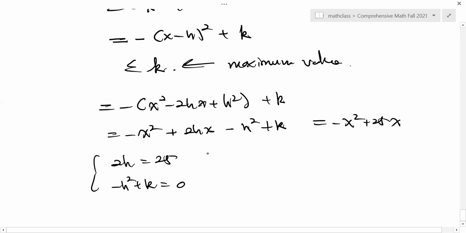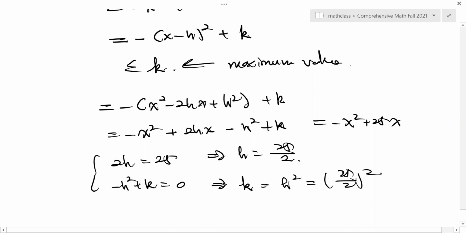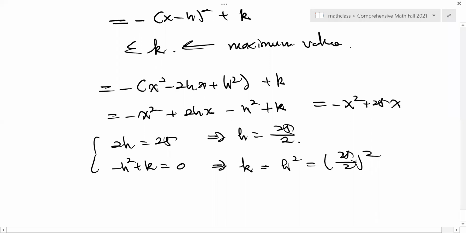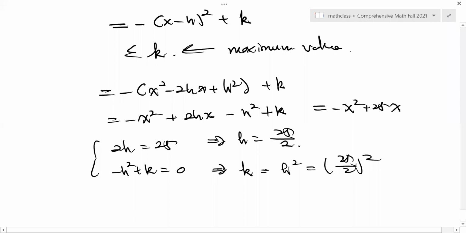So from here, I get h is going to be half of 25. And from here, I get k equals h squared, which is (25 over 2) squared. Okay. So that is my maximum value.